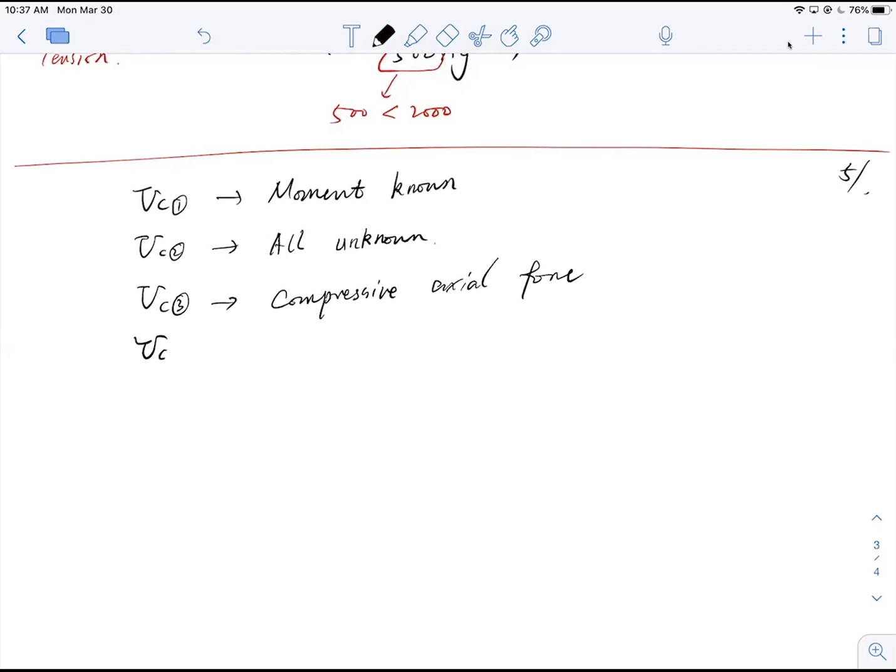And Vc4, tensile axial forces. So you select different equations based on the condition, because this is Vc, the concrete shear resistance, or shear resistance from the concrete.